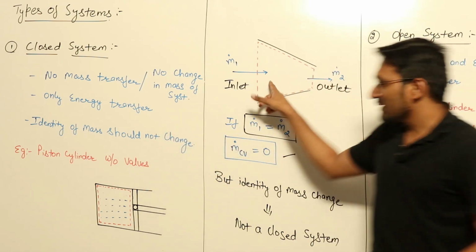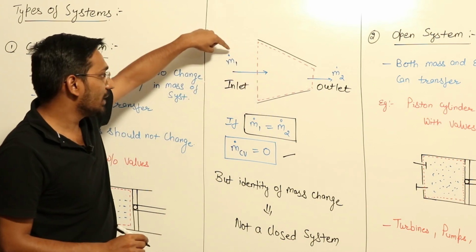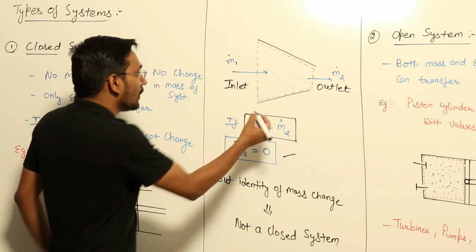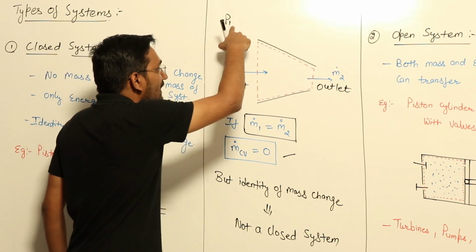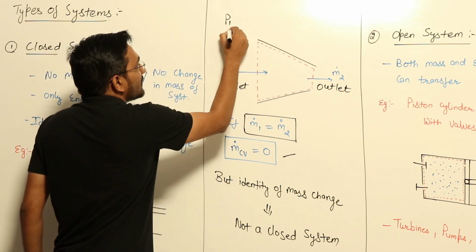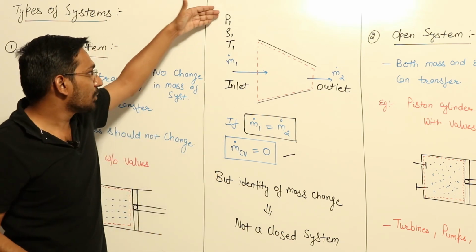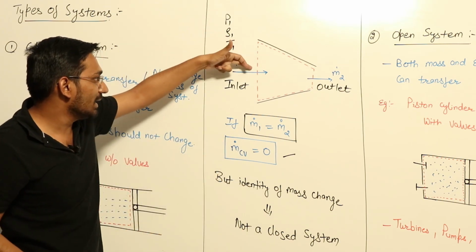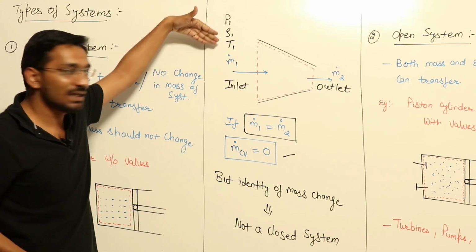In this case, when the mass is coming in the system with mass flow rate m dot 1, suppose P1 is the pressure at which this mass is coming inside the system. Suppose its density is ρ1, its temperature is T1. So these are the properties of this inlet. At the inlet, this is the state of the system: pressure, density, temperature.